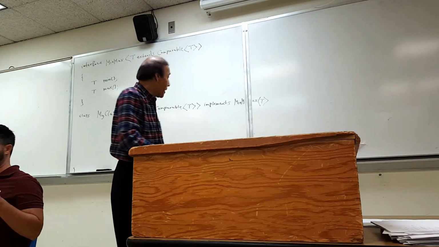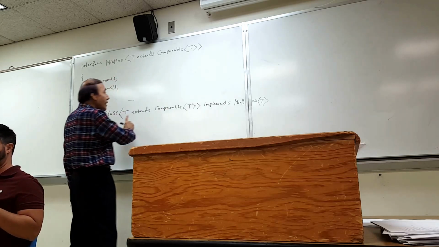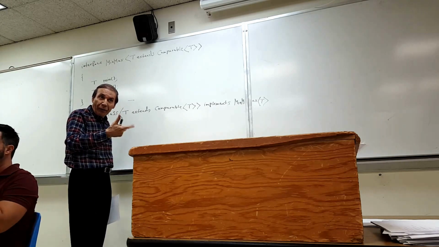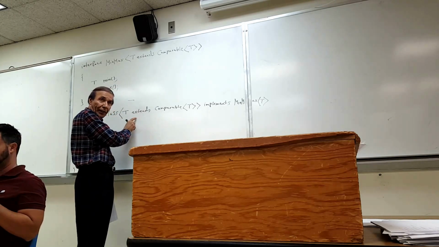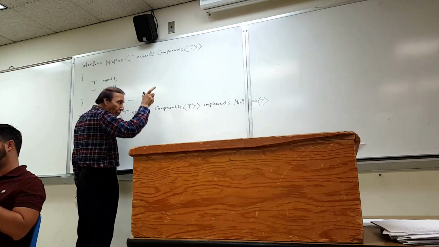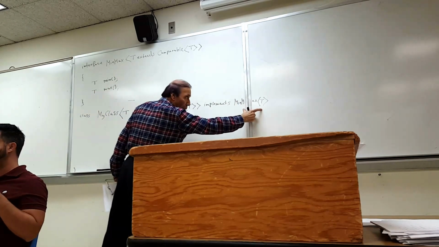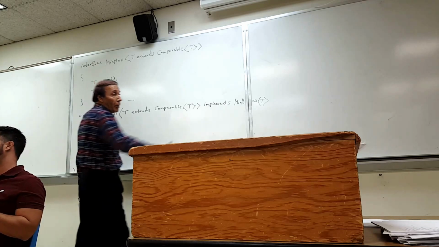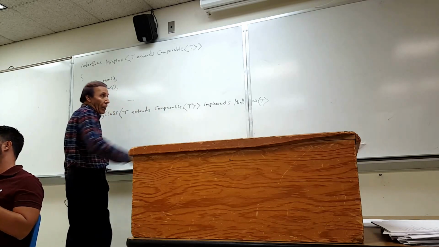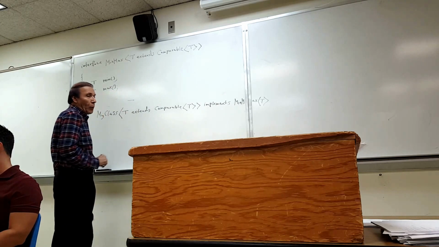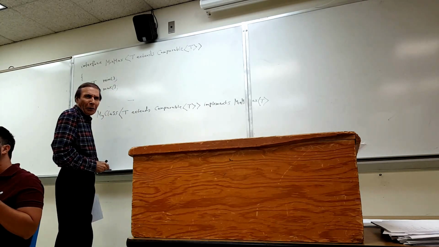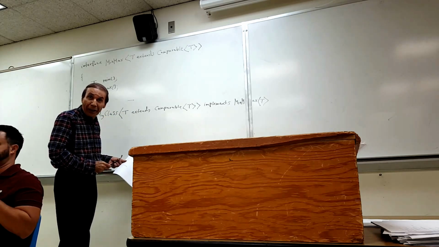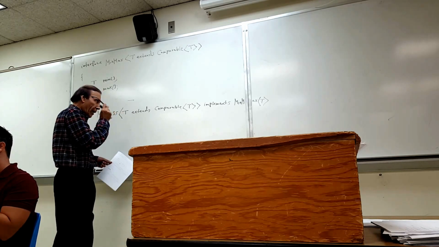It says you are using T here without making a limitation, without giving a boundary for T. So you should give a boundary in here, and after that use it in your interface, in your implements. Switching them around is not going to work. Try it yourself and see what kind of error the compiler gives you.